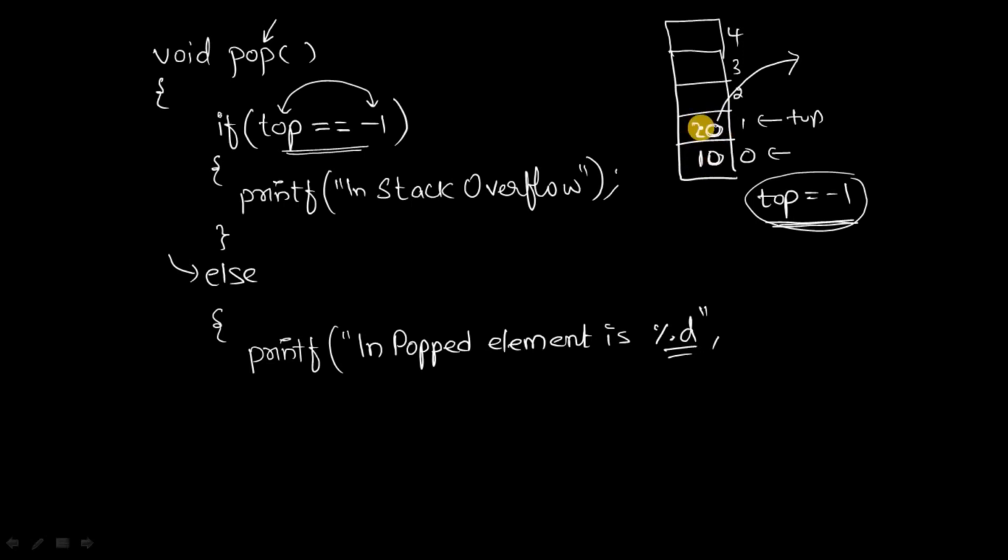So what am I deleting here? Suppose, take this example: already 10 is there in the stack, 20 is there in the stack. Now I have to delete this 20. This 20 was present in this box, right? How can I refer to this box? Just now I told you it is stack of 0 and this is stack of 1 and so on. So you have to write stack of, now this 1 was stored in a variable called top. So you have to write stack of top.